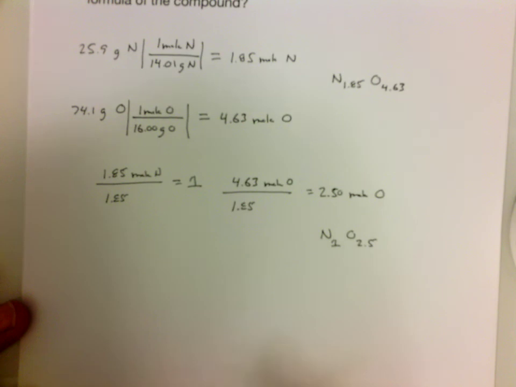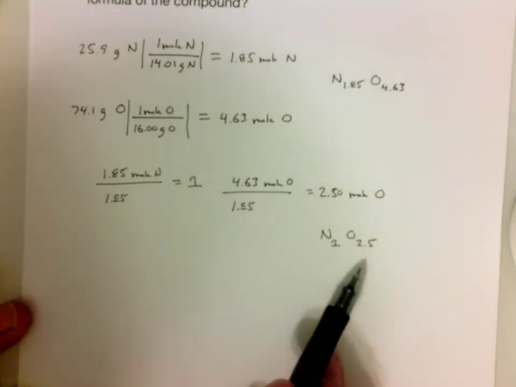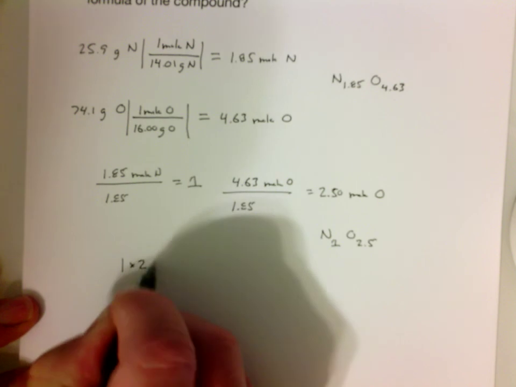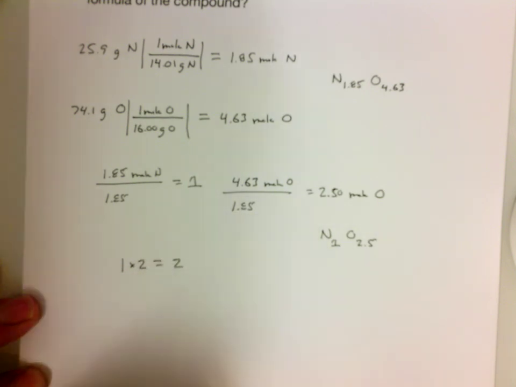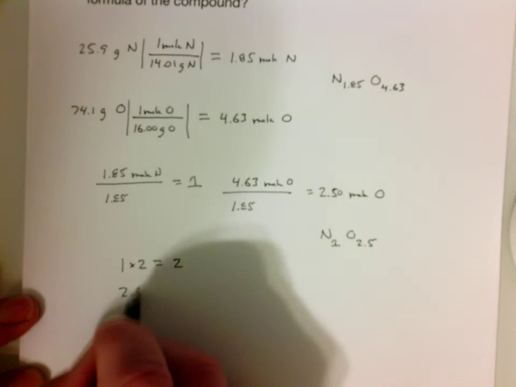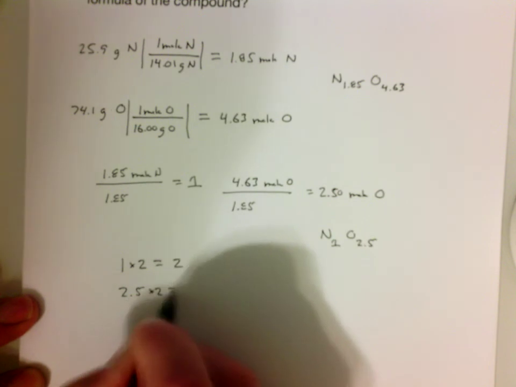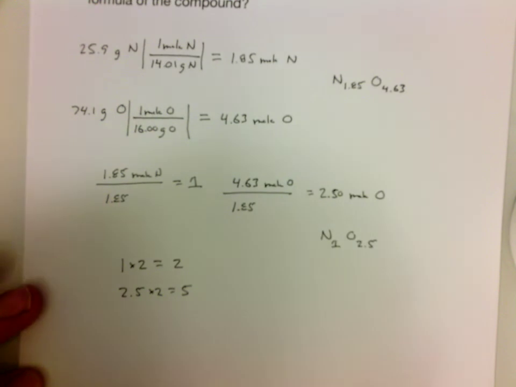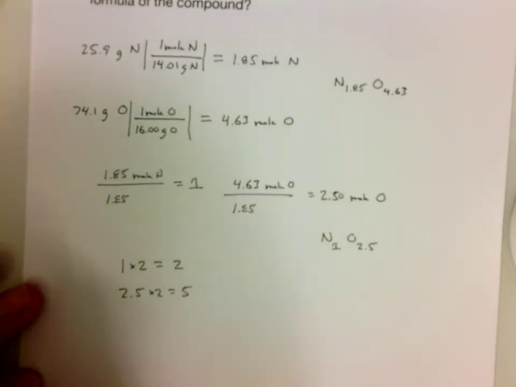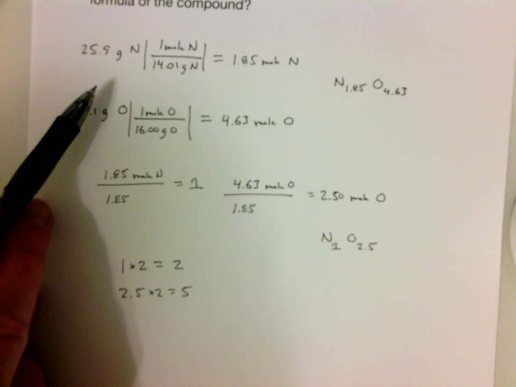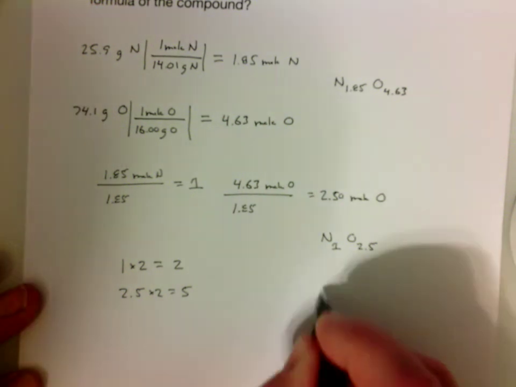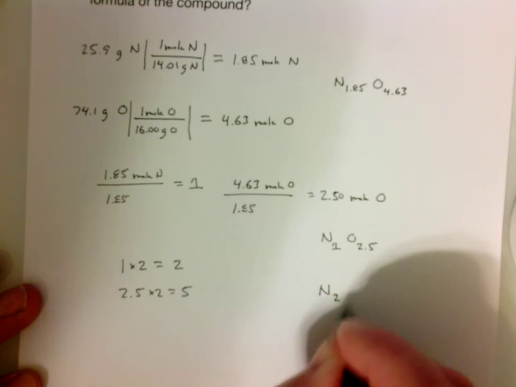But looking at what we have here, we can multiply our 1 by 2 to get 2, and our 2.5 by 2 to get 5. And so our empirical formula for a compound that contains 25.9 grams of N and 74.1 grams of O becomes N2O5.